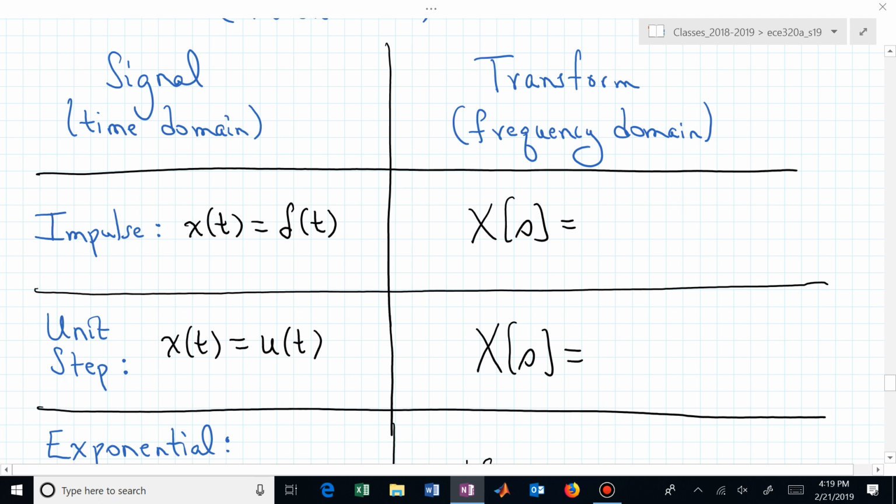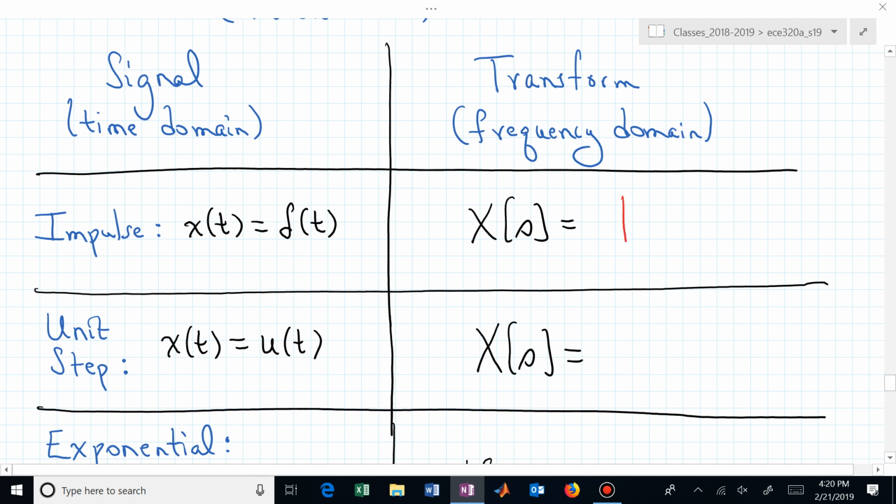All right, so what is the Laplace transform of an impulse in the time domain? We've derived this. You don't have to derive this. I'm wondering if you remember what that is. Yes. The question was, is it 1?